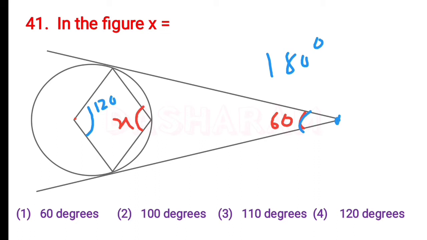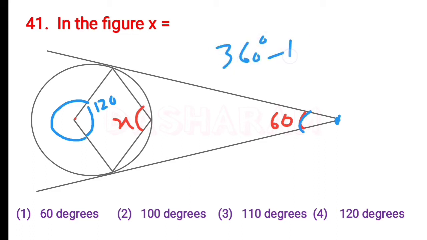Now let's find out the remaining part of the angle at the center. How to find out the remaining part? The angle at the center is 360 degrees, so the remaining part is 360 minus 120, which is 240 degrees.